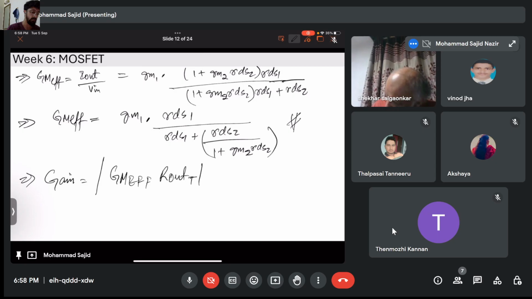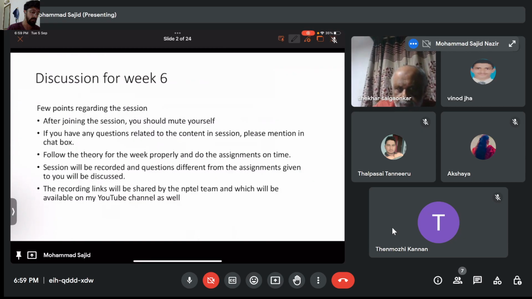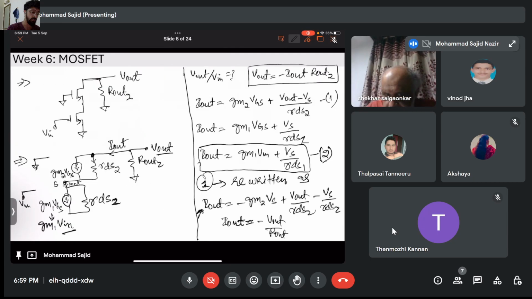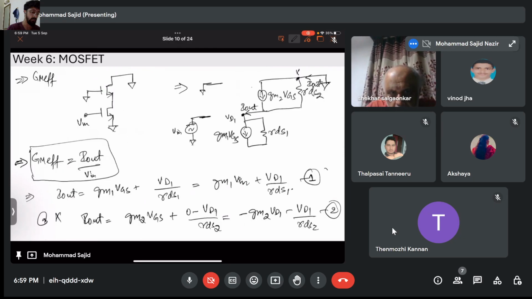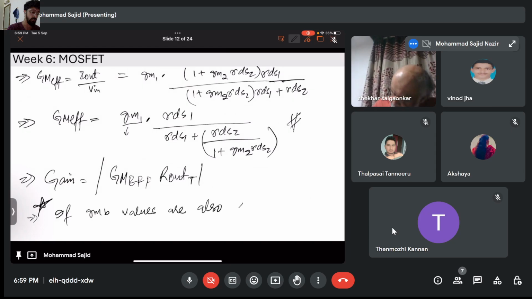Now just check one thing: in this question, what we were asked to calculate is the output or input, but there are some filters, GM1, B1, GMB3, B3, right? Once you derive these formulas using the simple formulations, you just need to do one thing: if GMB values are also given, just add them.